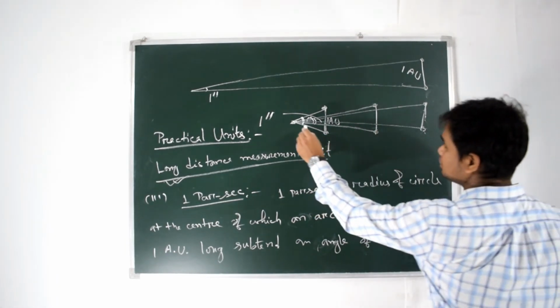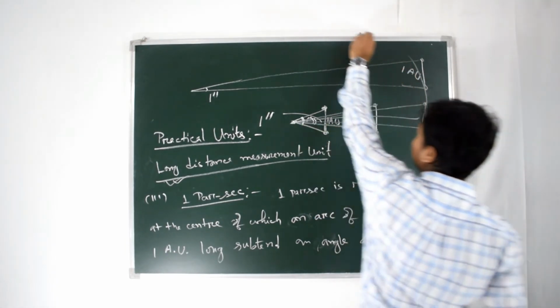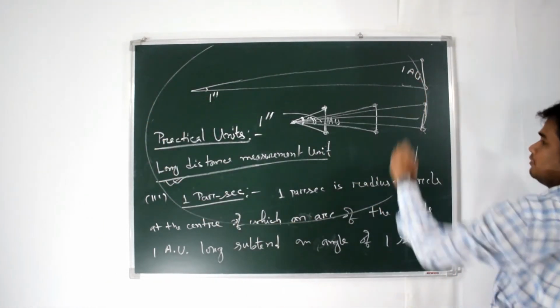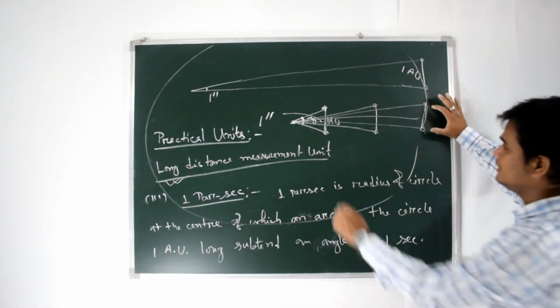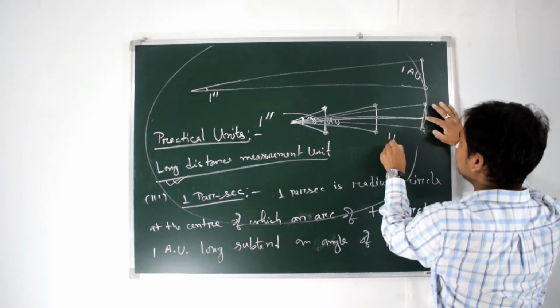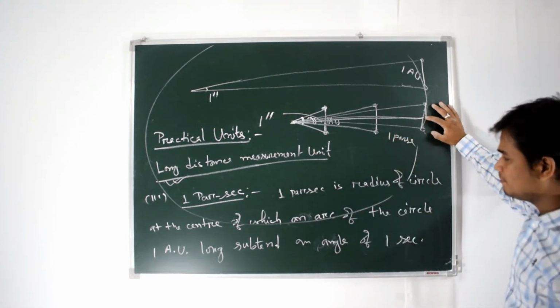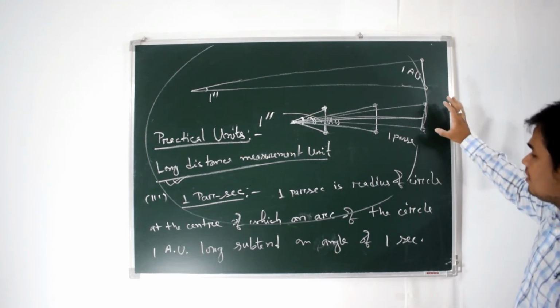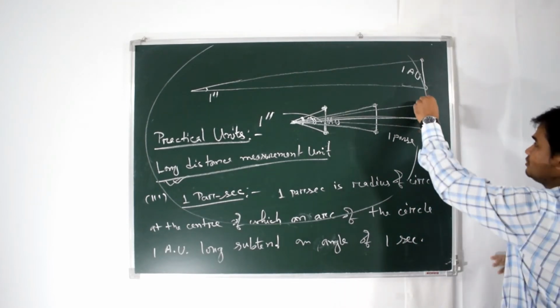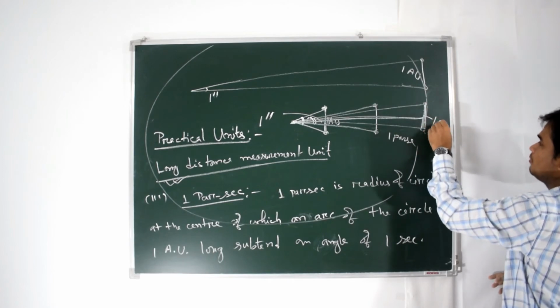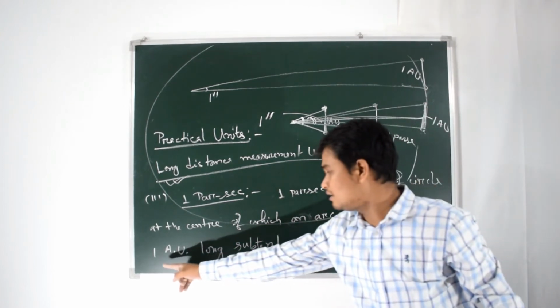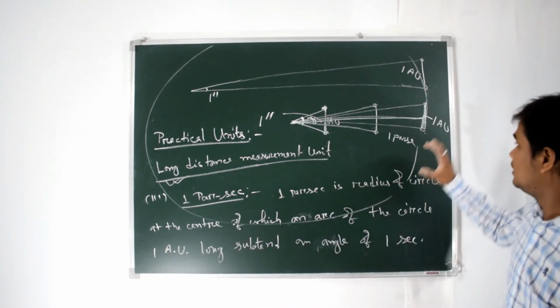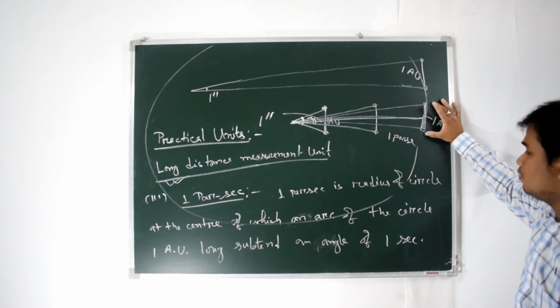So this is what we can make like this circle. This is the radius of the circle, 1 parsec, at the center of which an arc of the circle, 1 astronomical unit long, subtends an angle of 1 second.